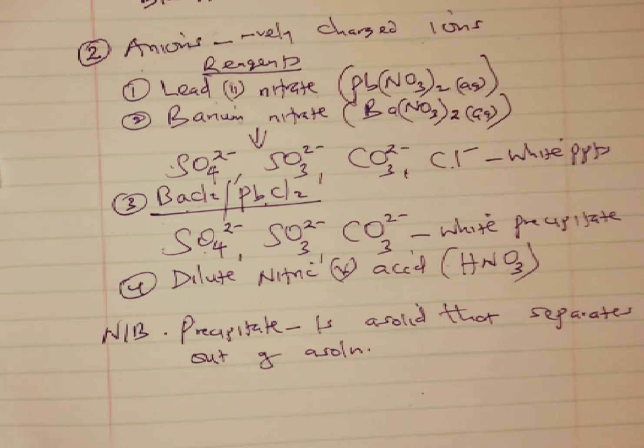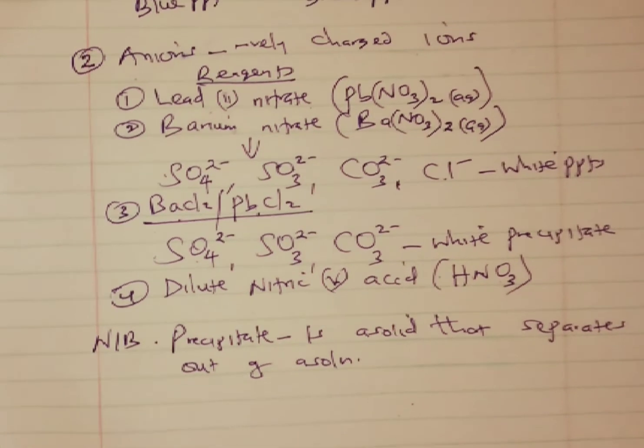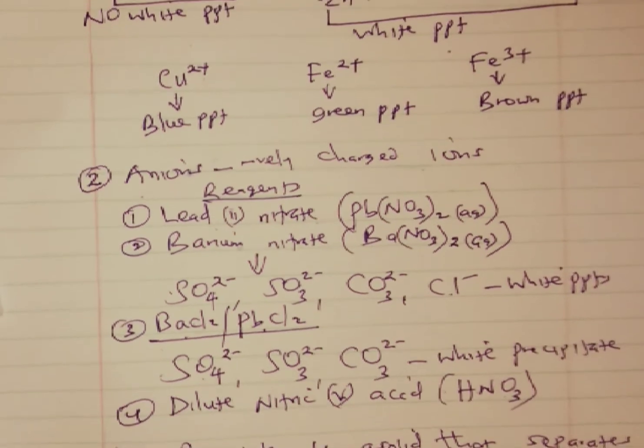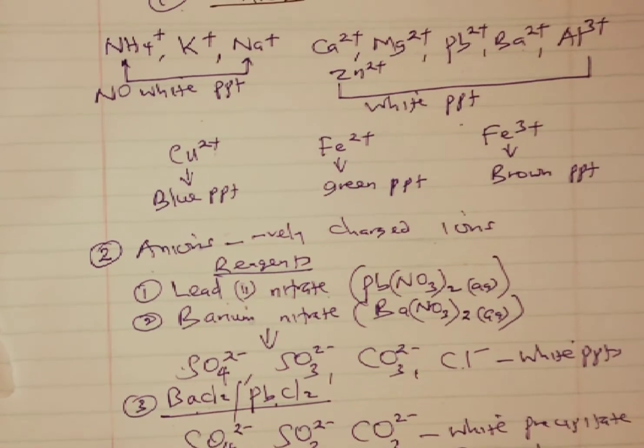Those are some of the anions and the reagents that we use to test for their presence. We have also seen the cations and the reagents which are used and the expected observations.